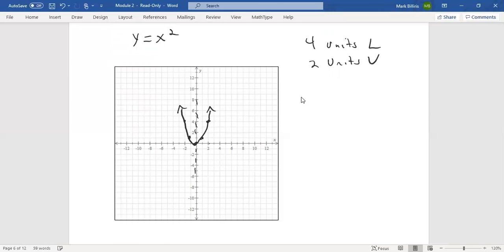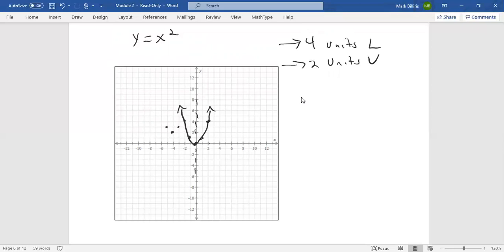What do I do with my parent function? So remember, we're shifting it 4 units to the left and then 2 units up. So I shift my vertex 4 units to the left at -4 and then 2 units up at 2. So then I'm going to do the same shifting for the other values as well.